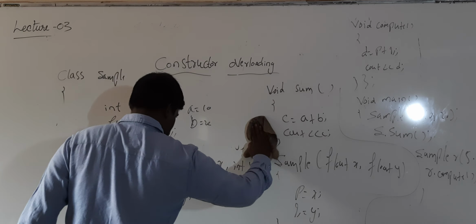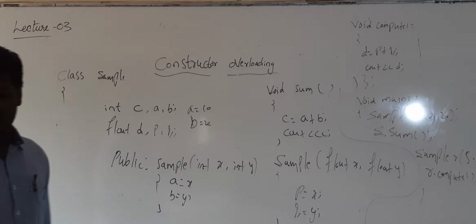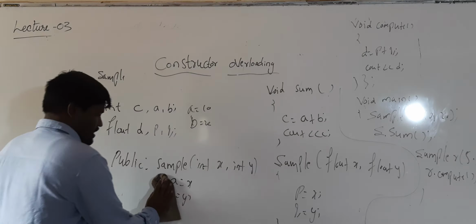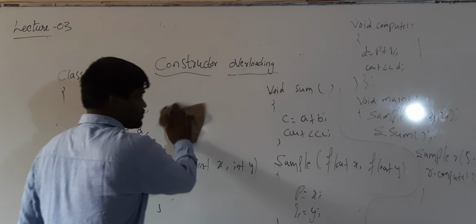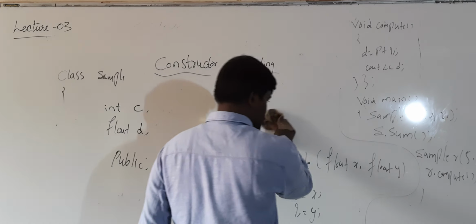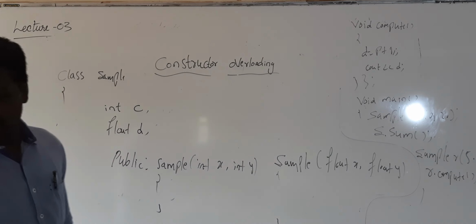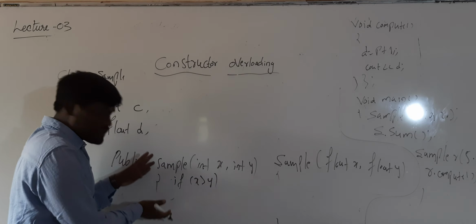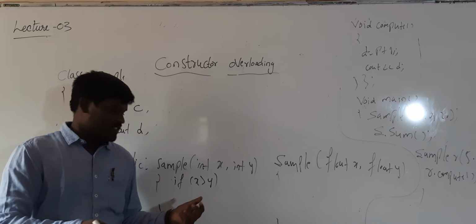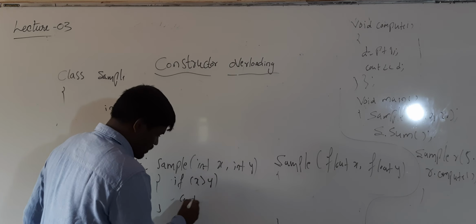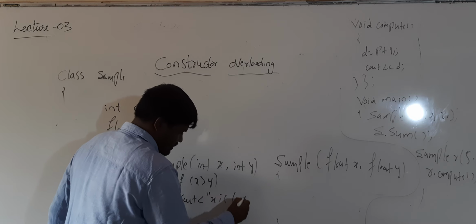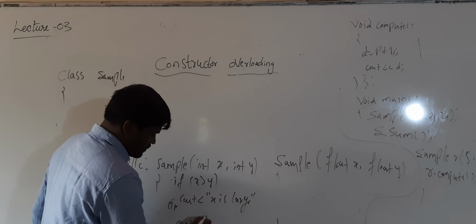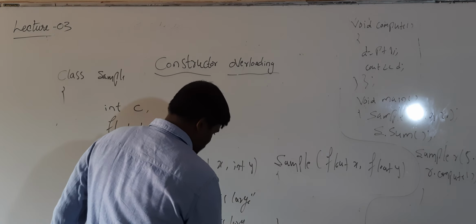Suppose if you want to write the constructor overloading for the largest of 2 numbers, and don't initialize. So simply you have to define 2 constructors, that is if x is greater than y, then within this constructor only you have to print the values, that is cout x is large, else cout y is large.